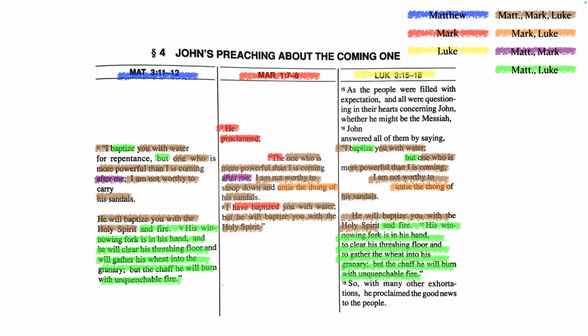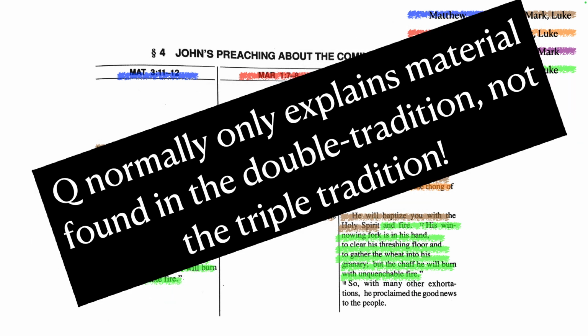And then this whole saying is also added in green. For Farrer theorists, this is simply a matter of Luke following Matthew by including the statement. Two-source theorists have to do a little bit more explaining. As I've said, under most circumstances, Q only explains material in double tradition passages, not triple tradition passages like this one. Let me say that again.